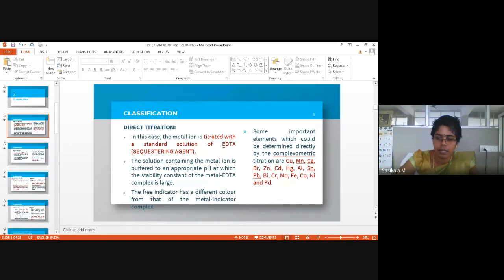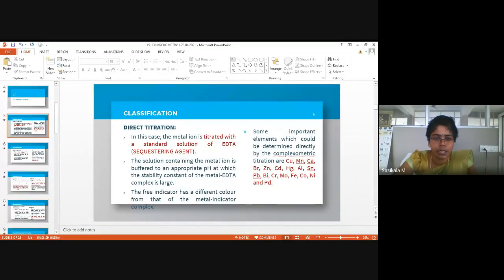What bond will be formed? The bond formed is called a coordinate bond. The metal ion forms a complex with EDTA through a coordinate bond.